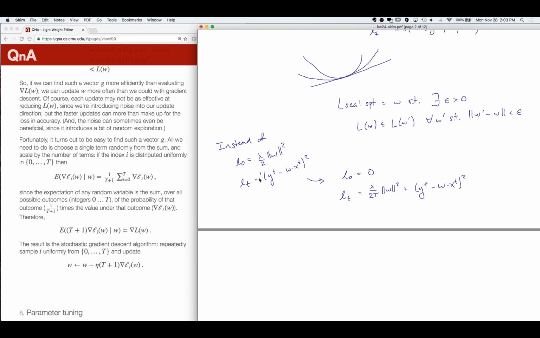And let's actually put a half in front of both of those terms there. All right, so this makes sense.